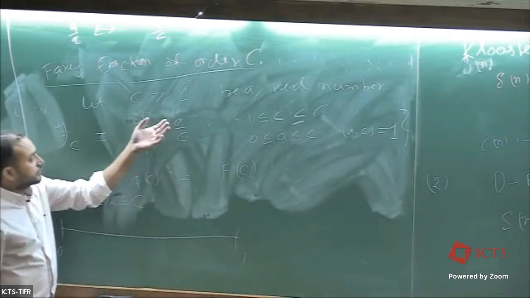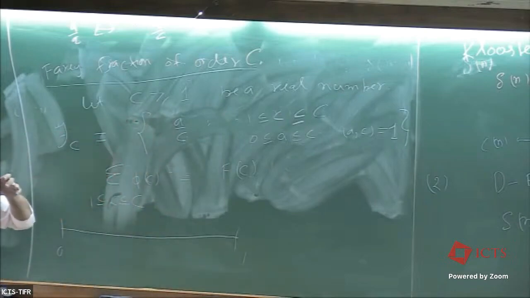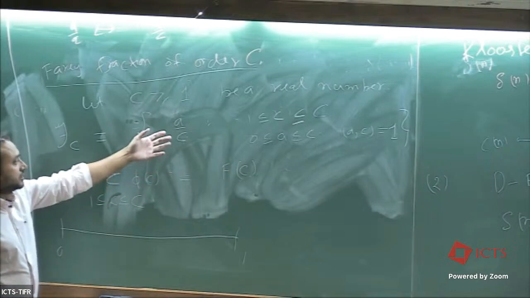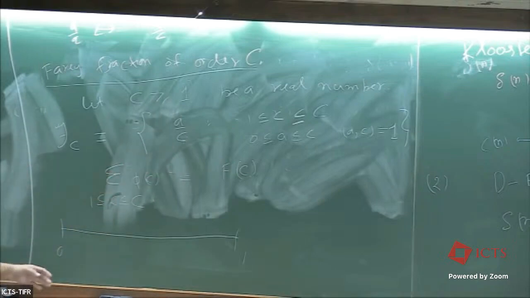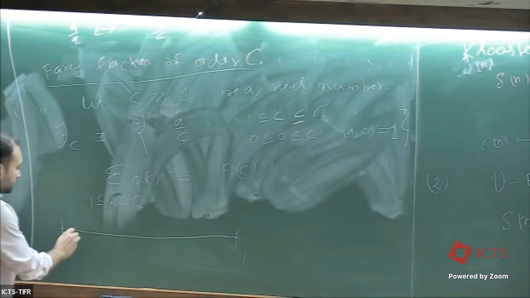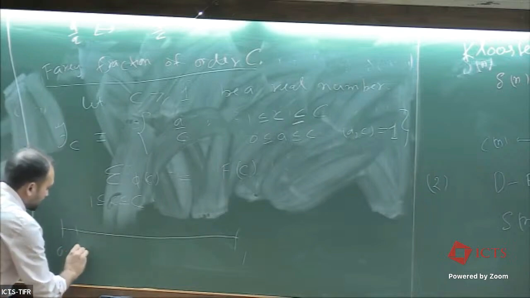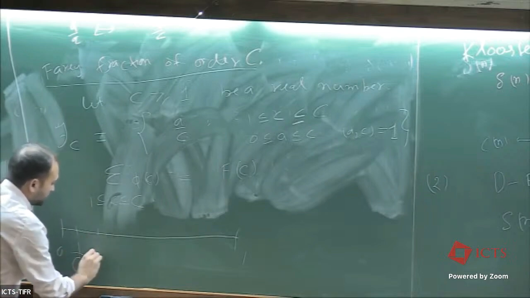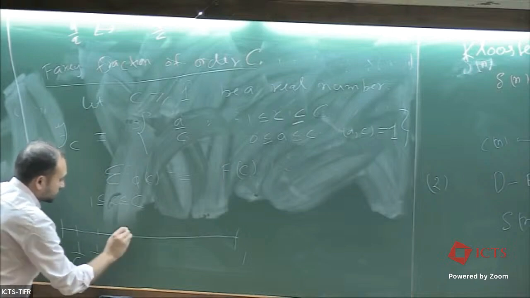All of them are between 0 and 1 because a is less than c and a is strictly positive. They are phi of c in number. So we just put them in increasing order: 1 by capital C, 1 by capital C minus 1, and so on.